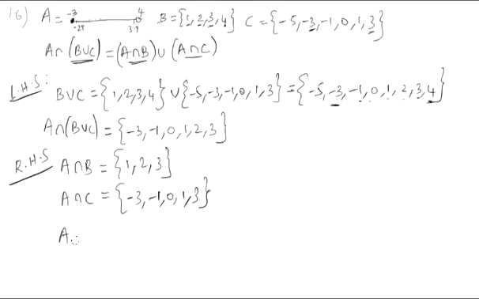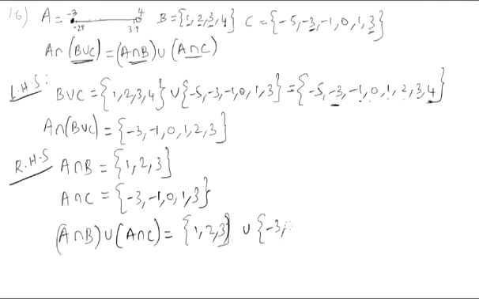Now what will the union of these two results be, (A intersection B) union (A intersection C)? That is 1, 2, 3 union -3, -1, 0, 1, 3. So what is the answer?